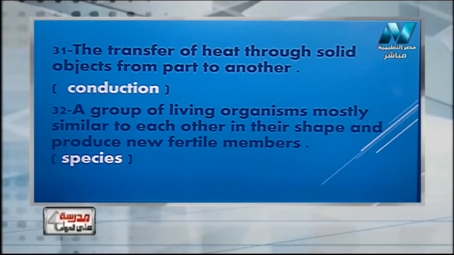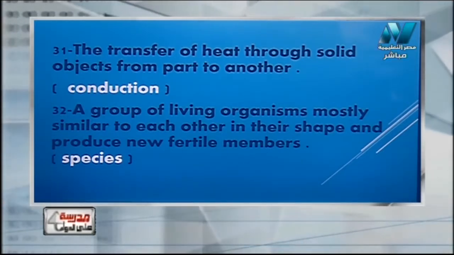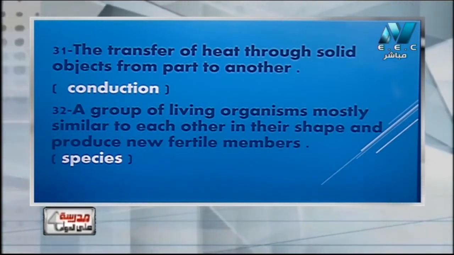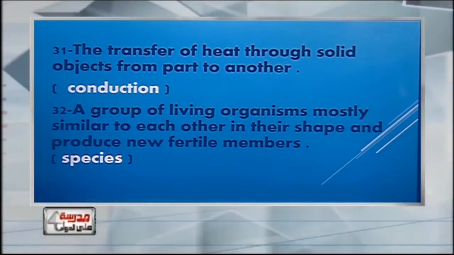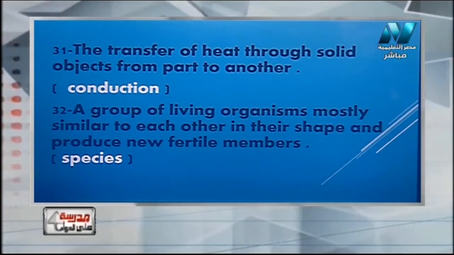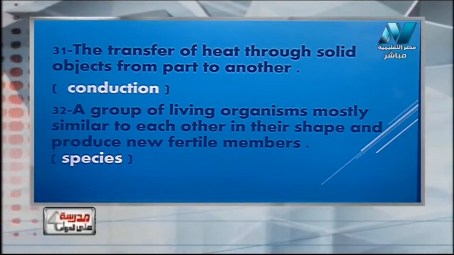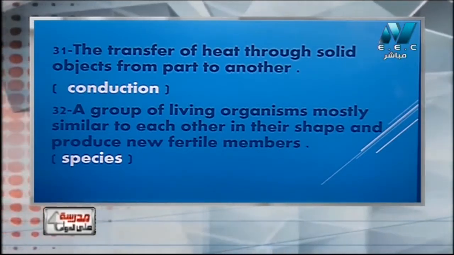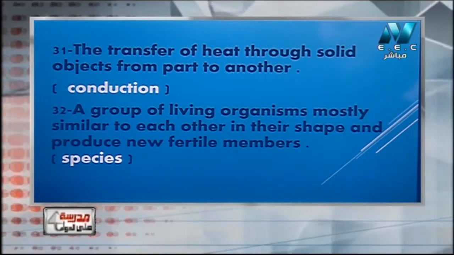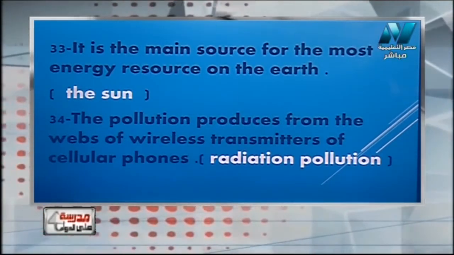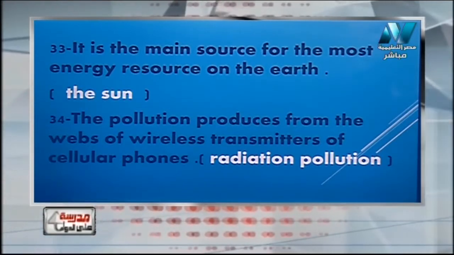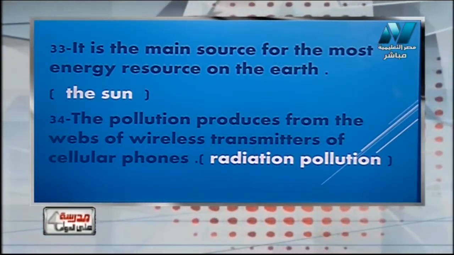32. A group of living organisms mostly similar to each other in their shape and produce new fertile members, or it is the basic classification unit of living organism, it is species. 33. It is the main source for the most energy resource on the earth.